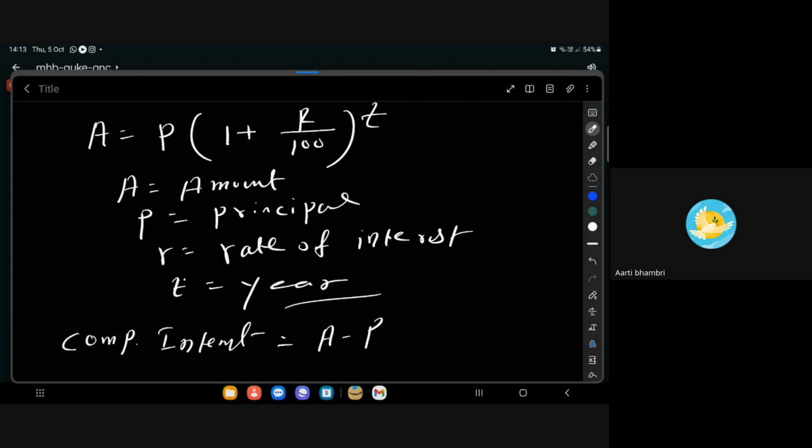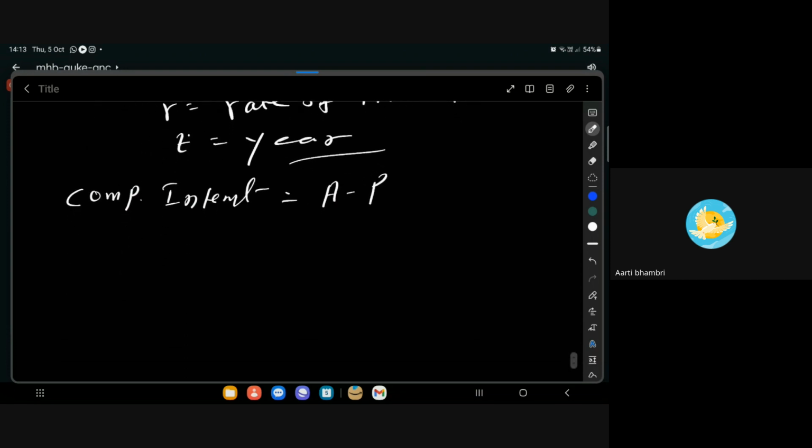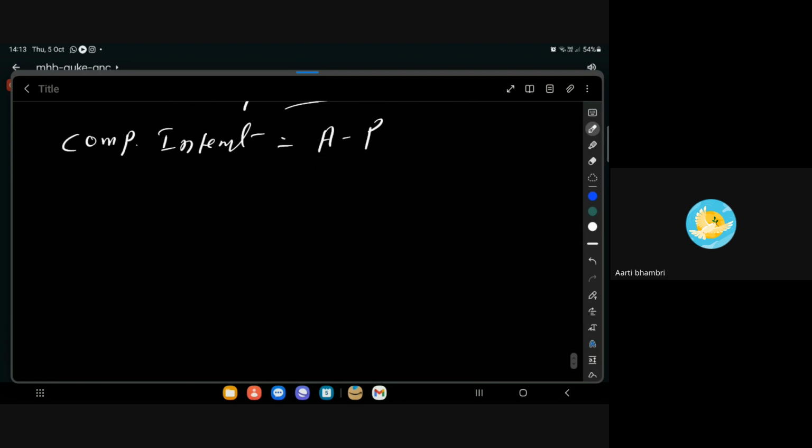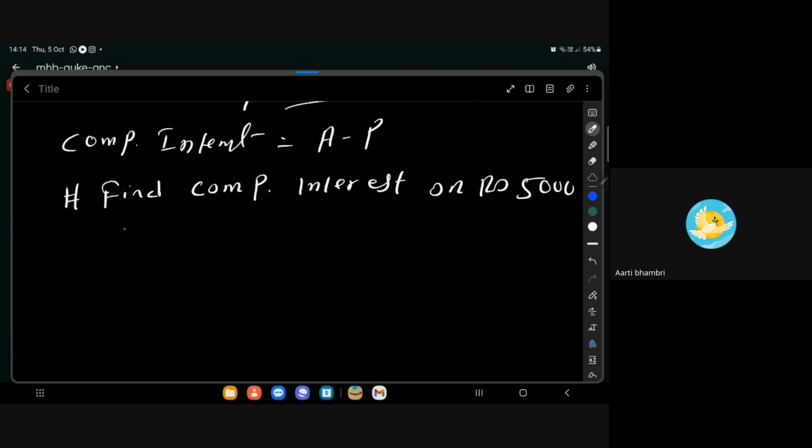Okay, now let's solve the simple problem. Find compound interest on rupees 5,000 for 2 years at 10%.